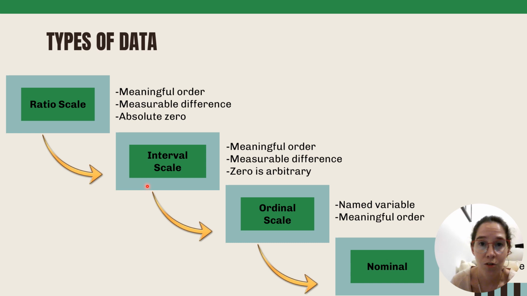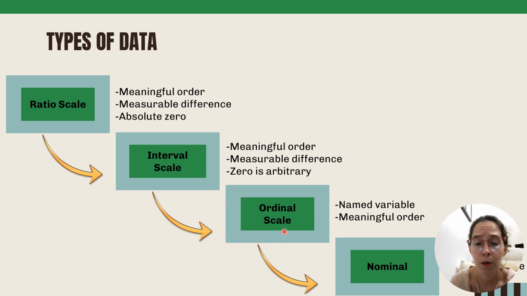There is also a measurable difference between the values, but the zero is arbitrary. So while in ratio scale you can perform any arithmetical calculation, in interval scales not all of them can be performed. So remember that, for example, ratios cannot be performed when you have interval scales.